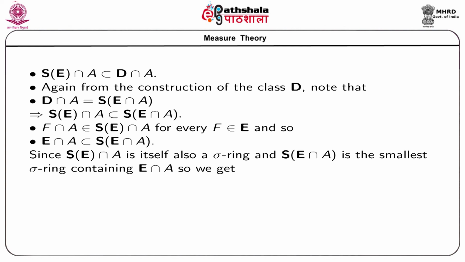So, S E intersection A is a sigma ring and S of E intersection A is the smallest sigma ring containing E intersection A. So, we get the reverse inclusion that S of E intersection A is contained in S E intersection A, and this proves the theorem.